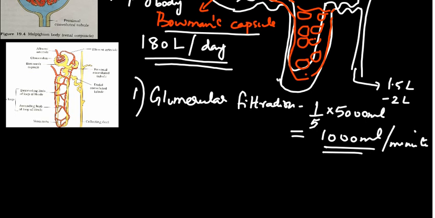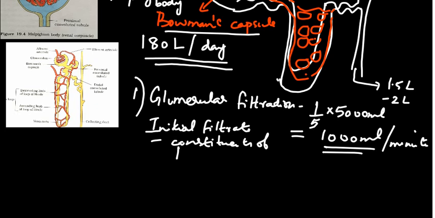And the initial filtrate that is formed inside the Bowman's capsule consists of almost all the constituents of blood except proteins.